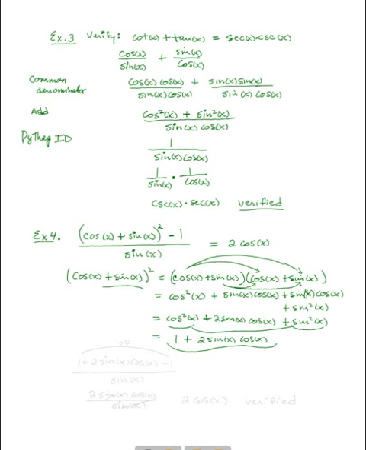Now we'll return to the identity and we'll replace that entire expression that was being squared. We'll replace that by what we found out it was, 1 plus 2 sine of x cosine of x. But notice the last thing we have to do in the numerator is subtract 1.